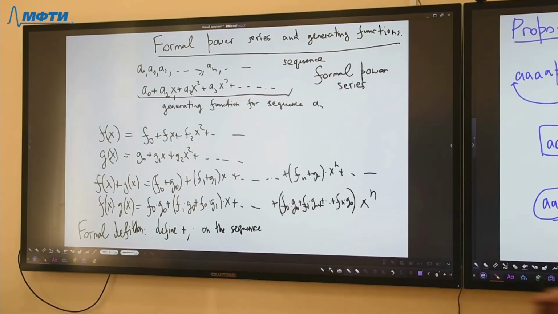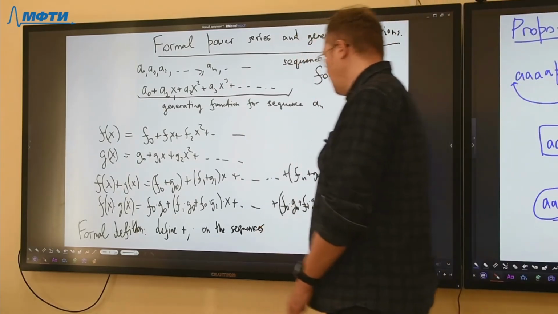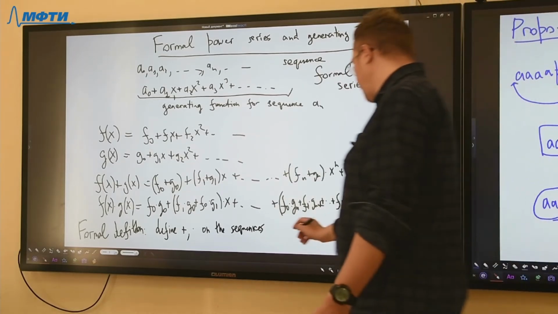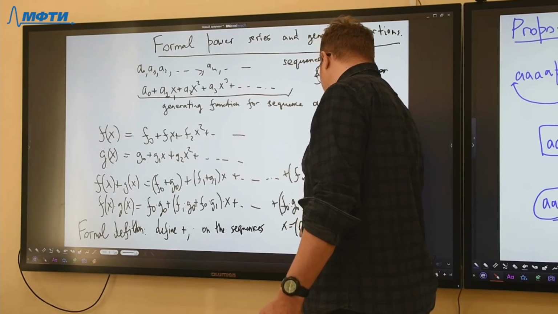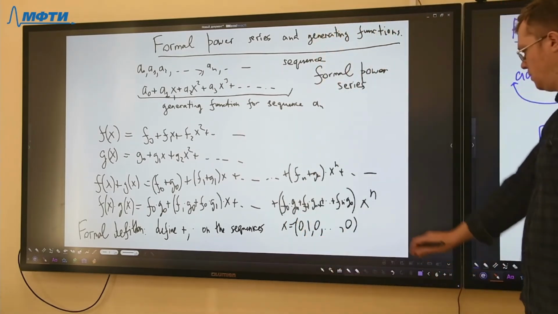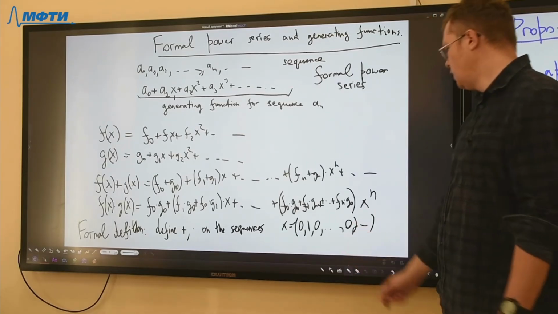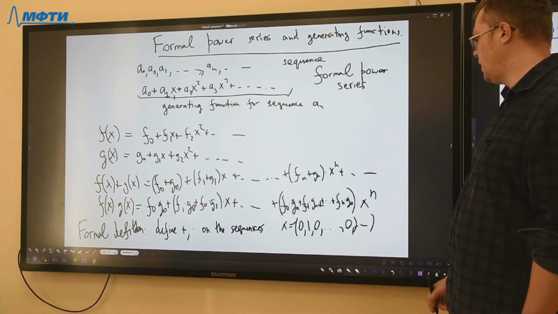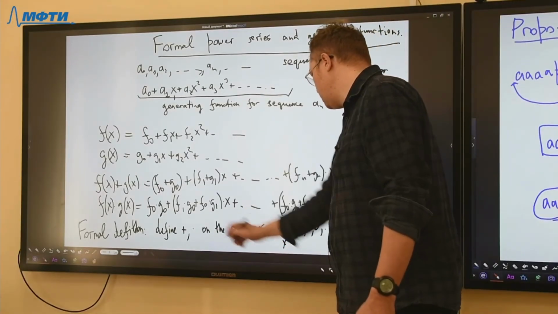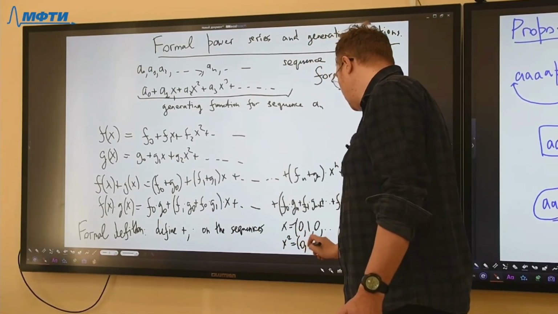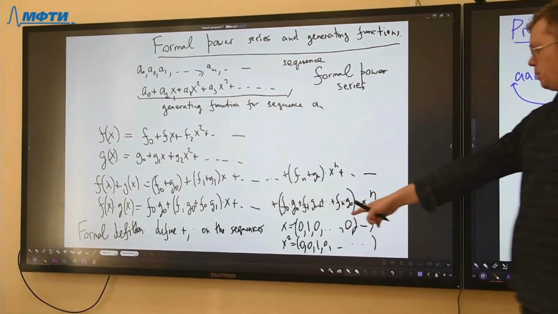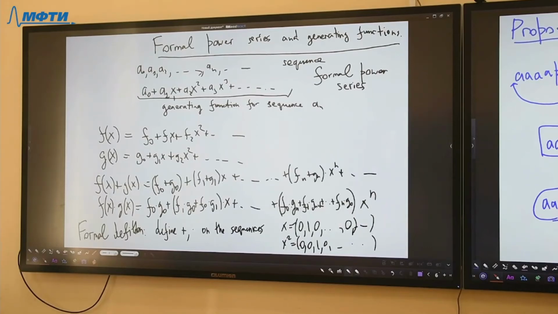Define plus and product on the sequences, and then we can denote by x the sequence 0, 1, and all zeros, an infinite number of zeros. Then x squared, by the definition of the product, will be 0, 0, 1, and all zeros, and x cubed will be 0, 0, 0, 1, and all zeros.